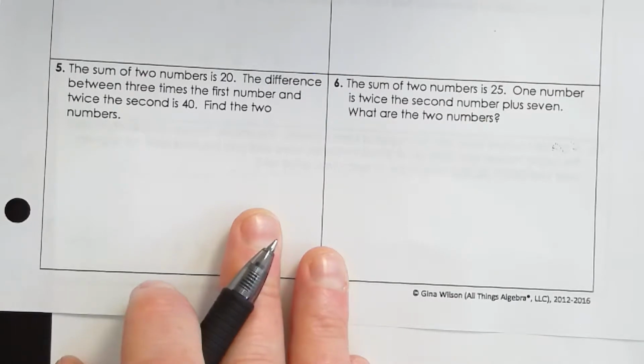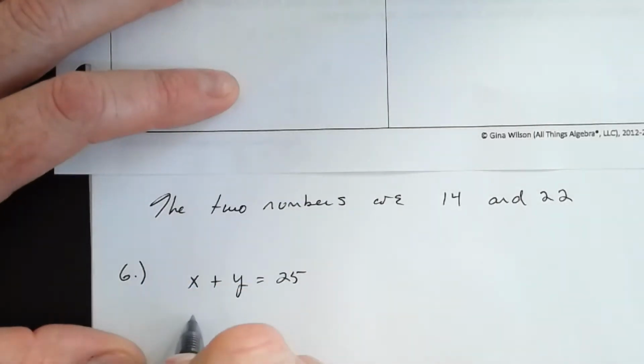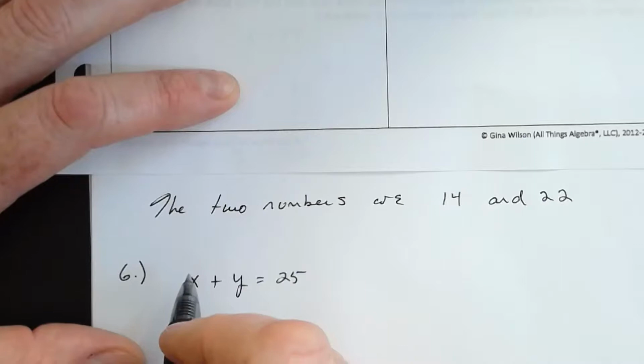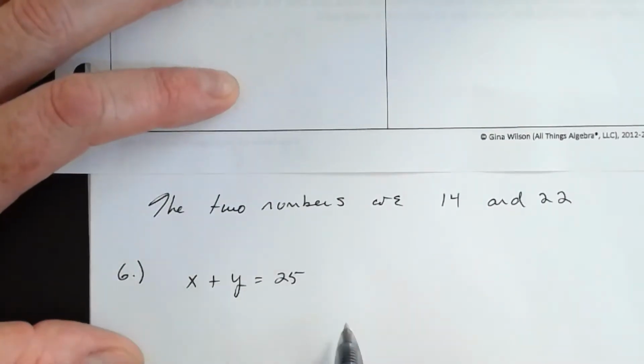One of those numbers is twice the second number plus 7. So we have one of those numbers. Let's just let x be x, okay? So x is x. Now what do we want to let y be?